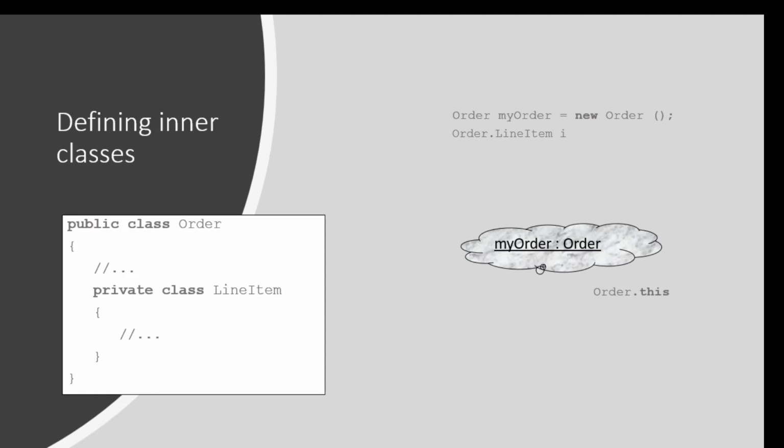Again, if it's visible. If I'm inside the Order class, I don't have to say Order.LineItem. It already knows about that. But externally, if I need to access it, this would be the syntax I use. And then if I want to create a line item, I have to do that through the order. So I either have to be inside the Order class or I have to tell it what order I'm working with.